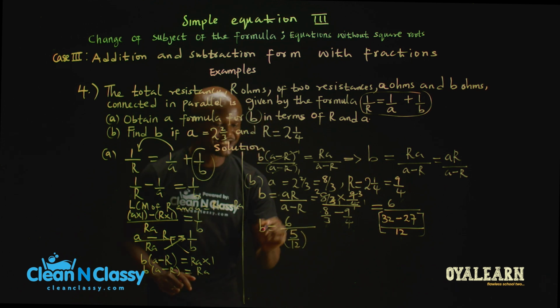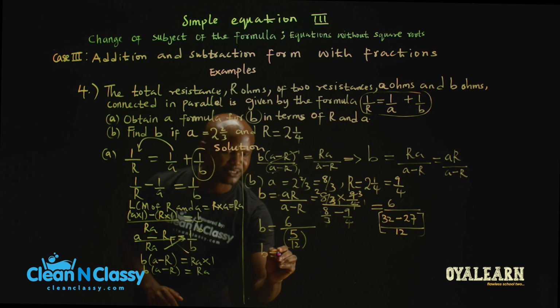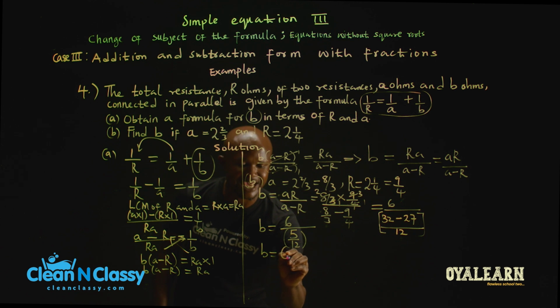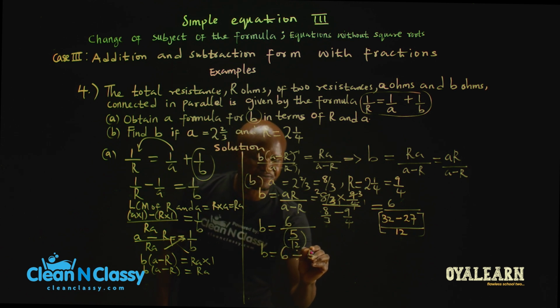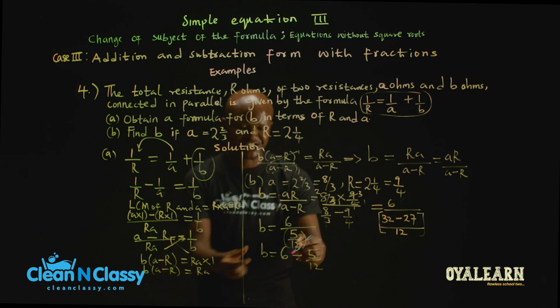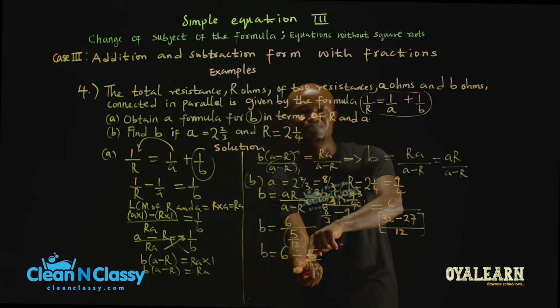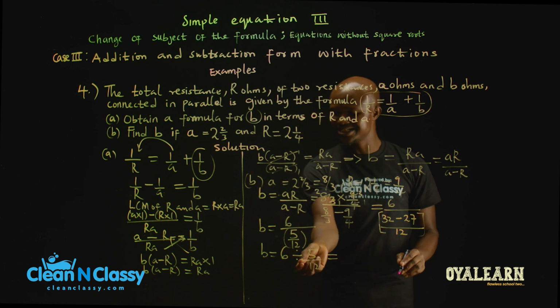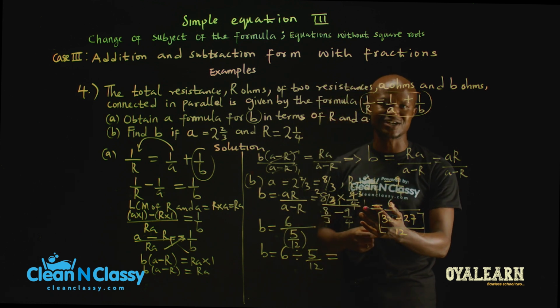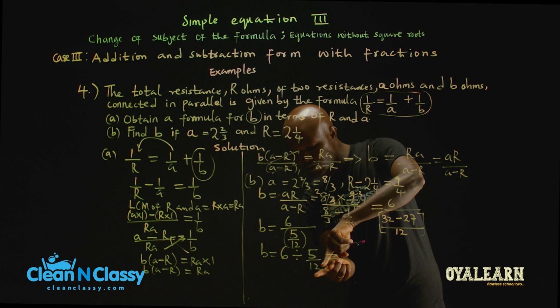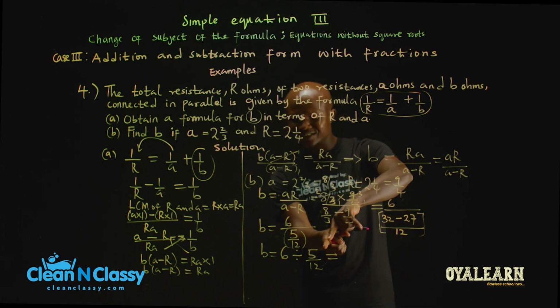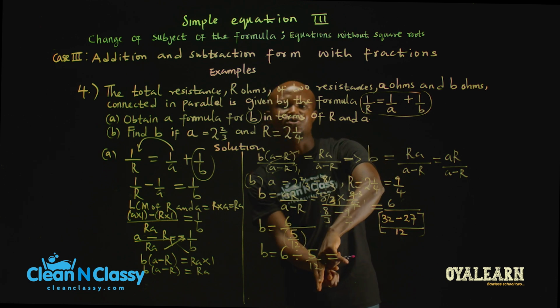Now, we can write the division line as a division symbol. So this is 6 divided by 5 over 12. Converting this division symbol to multiplication, it means that the denominator, which is 12, will turn to numerator, while the numerator will turn to denominator.